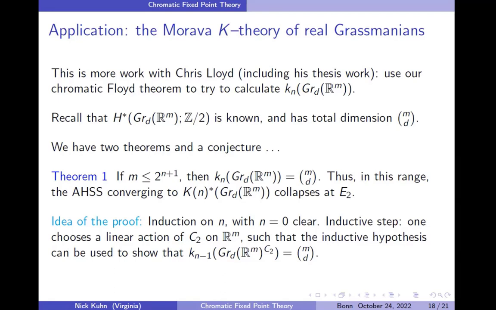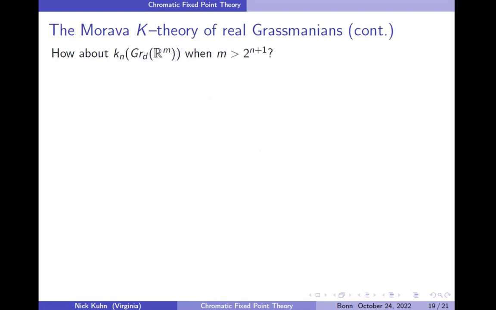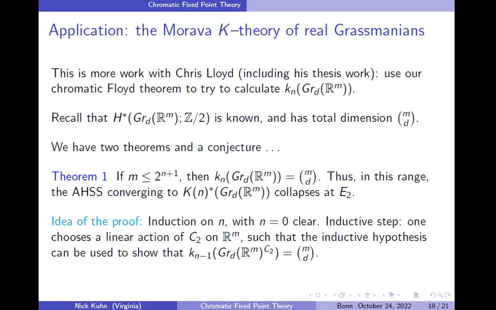Collapse means collapse after the first differential. Actually, this one collapses at E2 with no differential. This means the E2, that means the cohomology, you're getting an associated graded of Kn right away.